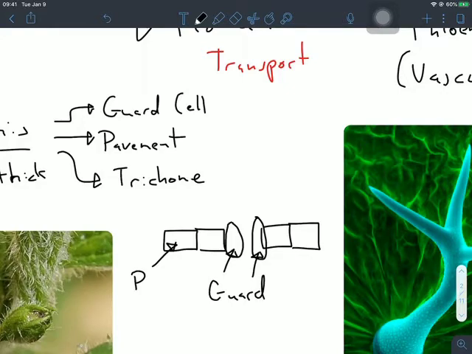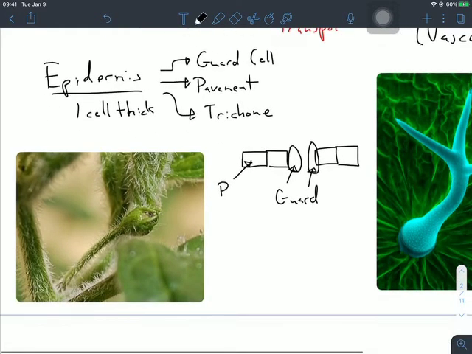What we haven't drawn, though you will be very familiar with, are trichomes, or plant hairs. And this is what they look like. On this plant here, a cousin of the bell pepper, member of the capsicum genus, you have tons of hairs on it in order to help protect the plant.